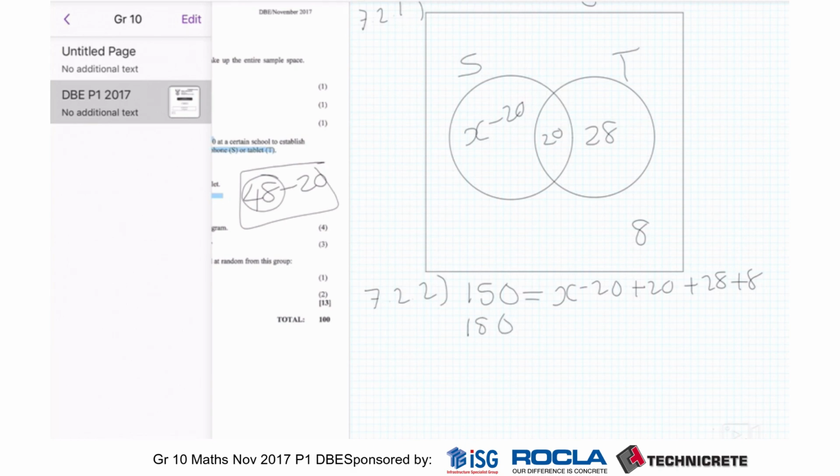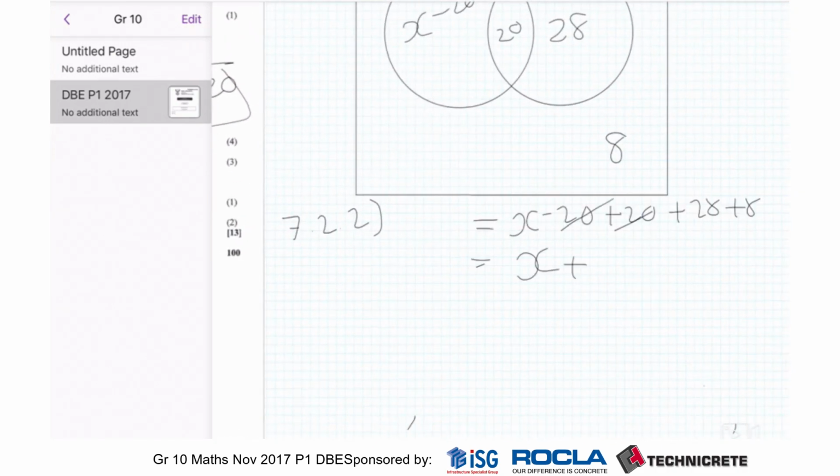So 150 is equal to, the 20s go away, and I've got x plus 36. So x is therefore equal to 114.